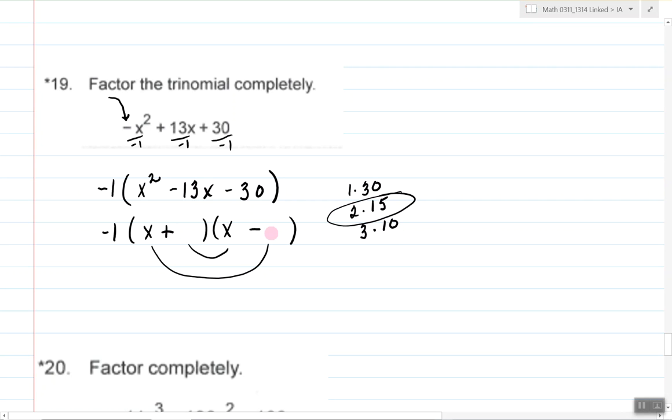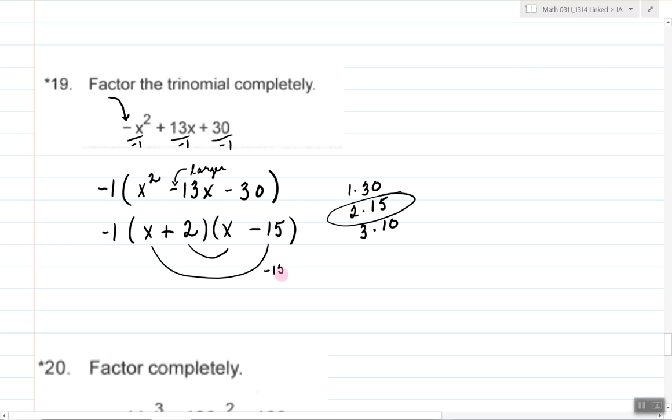The signs are different. Remember, this is the sign of the larger when they're different. At least you can say that when that leading coefficient is a 1. When that leading coefficient is something different and you have factor choices over here, then you just have to test everything. So in this one, I will put the 15 here and the 2 here. I still check it.